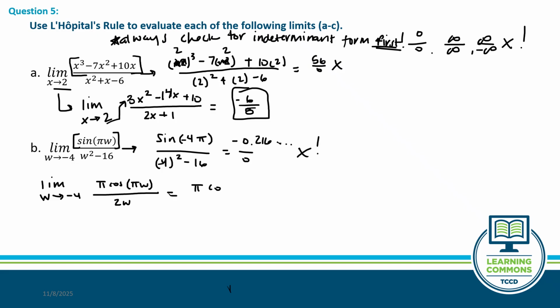So pi, and then this right here will just be 1, so it'll be pi over 8, negative, excuse me, keep forgetting that negative sign, but negative pi over 8. Again, not much harder than that, just take the derivative of the top, and then the derivative of the bottom, and then plug back in your limit, and see what happens. Again, if it doesn't work the first time, try it again. You can do L'Hopital's as much as you need to. Okay.